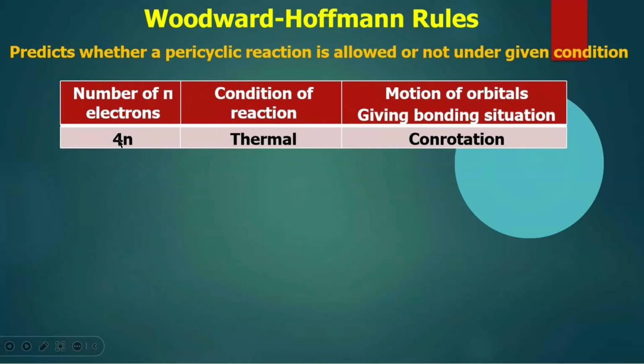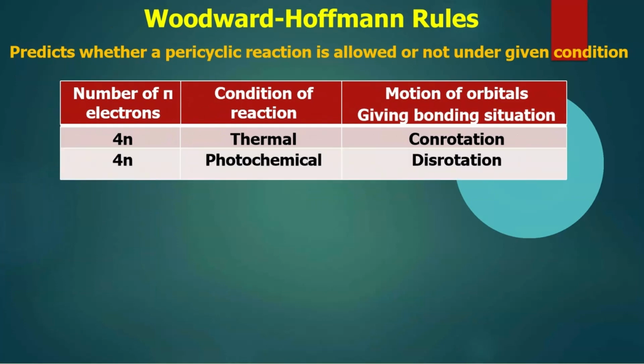The two p orbitals combine together, they undergo rotation, which we call conrotation, to give the bonding situation. If it is induced photochemically, then it undergoes disrotation to give rise to bonding situation.